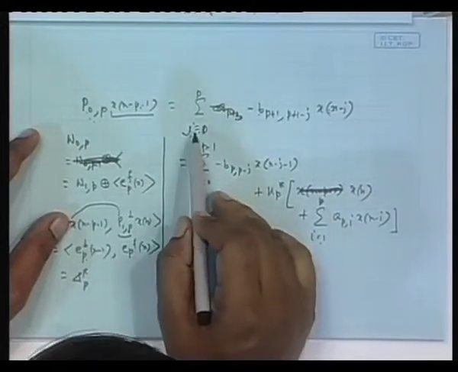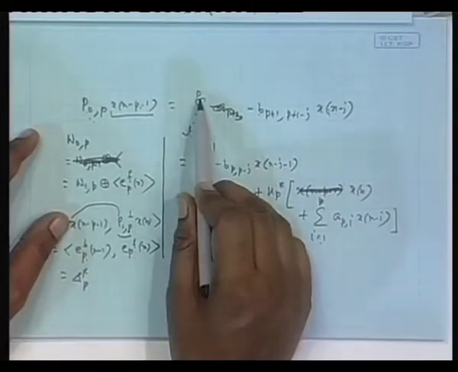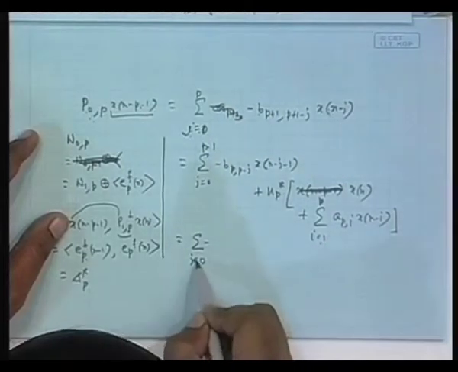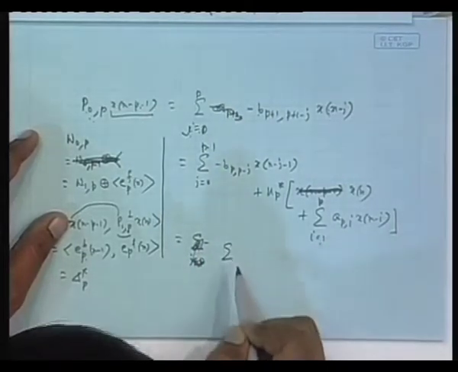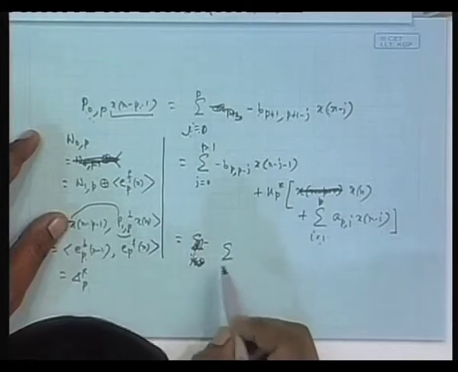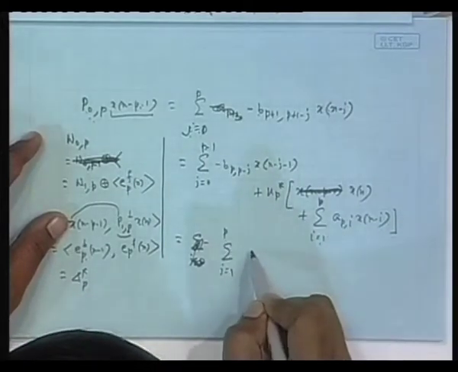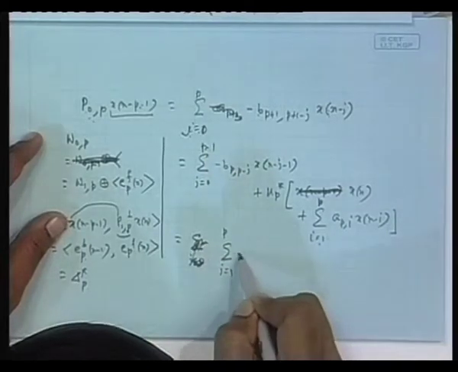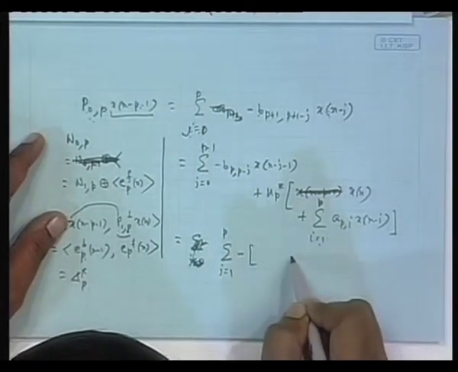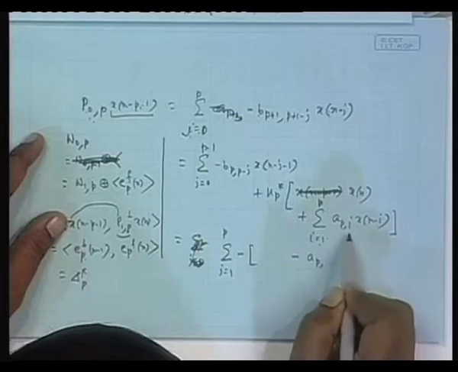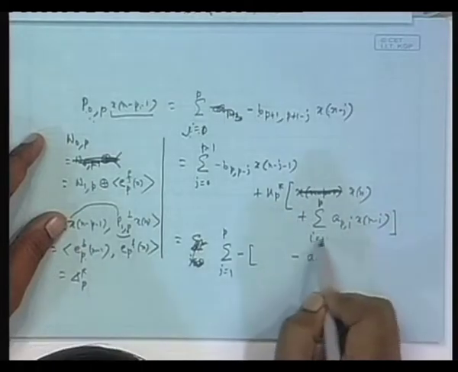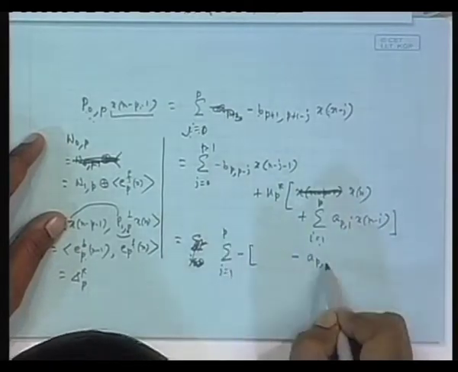So here actually I am bothered about j equal to 1 to p. So this form is required. So j or i does not matter, right, j equal to 1 to p, minus something minus a p, instead I call it just j, i equal to 1 to p, a p j, j equal to 1 to p, so a p j.